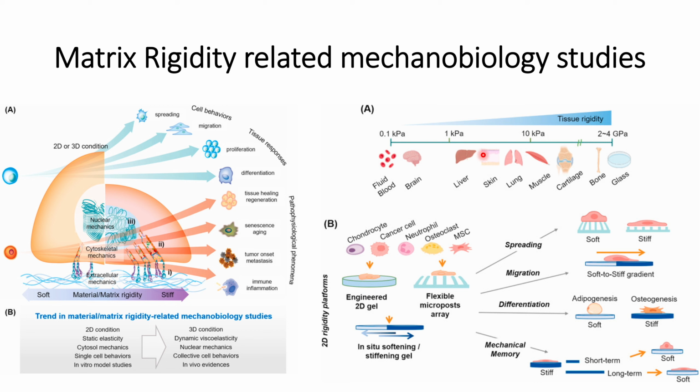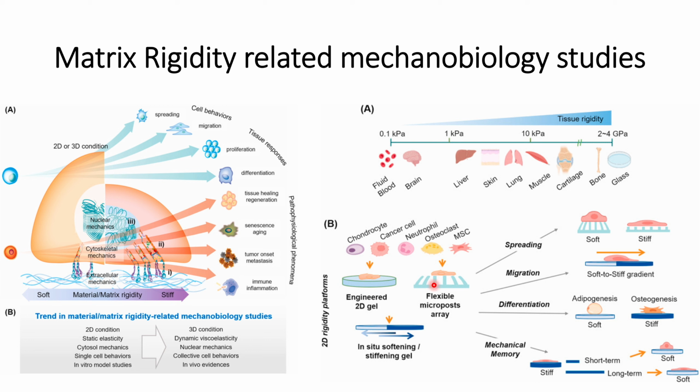Then it increases for skin and lungs, and by the time it reaches the muscle, it has a tissue rigidity of 10 kilopascals. The highest tissue rigidity is for bone, which is around 2 to 4 gigapascal. As expected, bone is the hardest material of the human body.